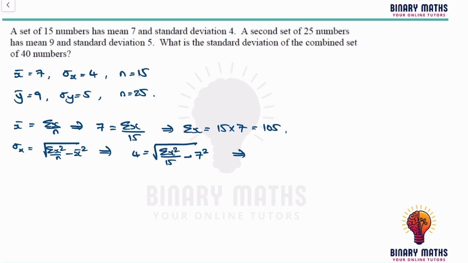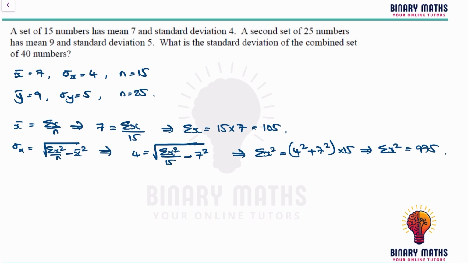When we rearrange this, sum of x squared will be equal to 4 squared plus 7 squared, times 15, which means sum of x squared will be equal to 975.